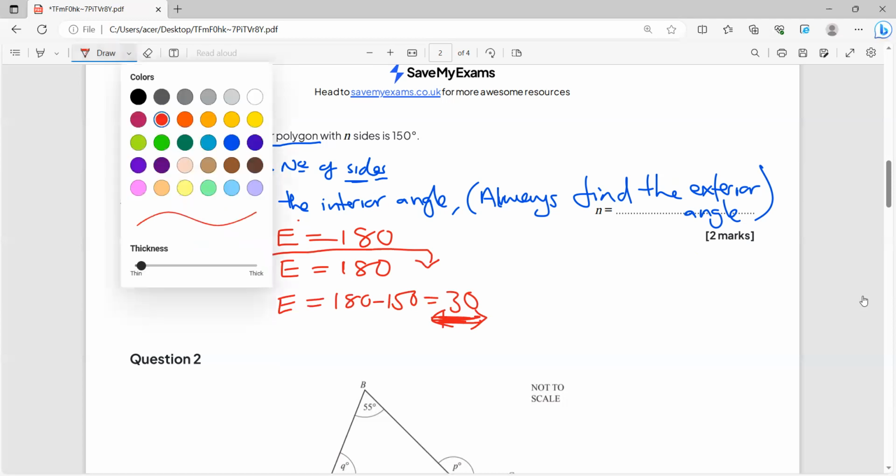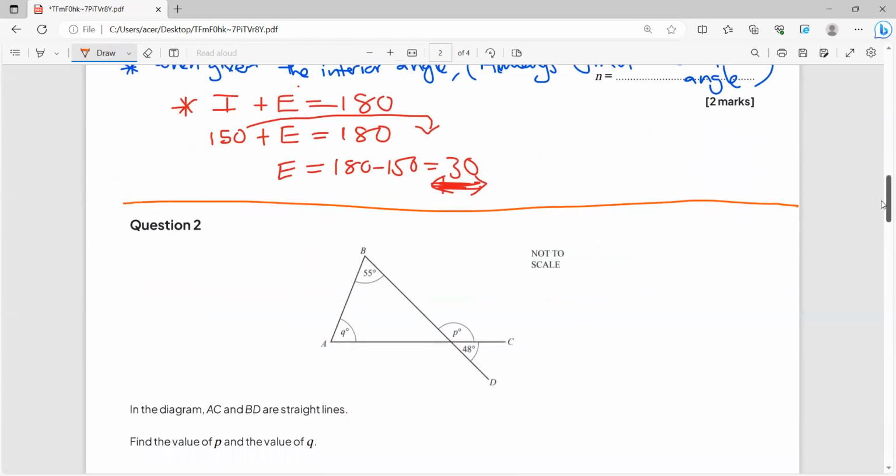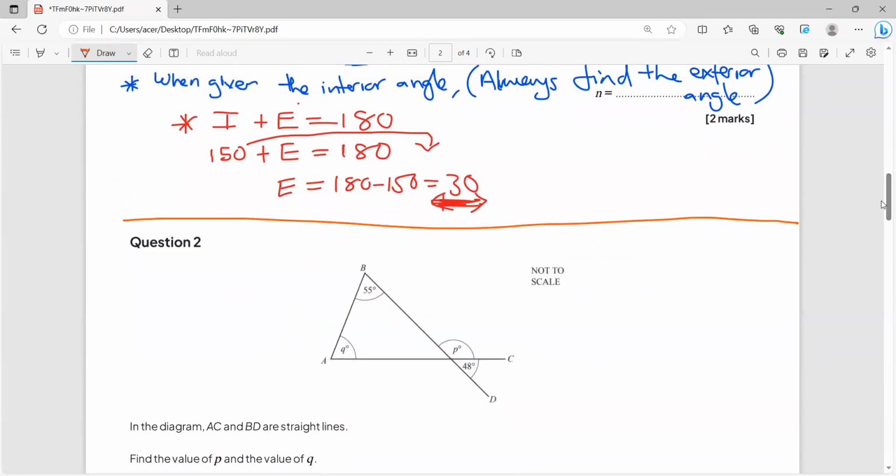Now we move on to step 2. For step 2, you need to use that property of exterior angles, right? Yes, sir. What is the sum of all the exterior angles in a polygon? Sum of exterior angles equals what? 360.